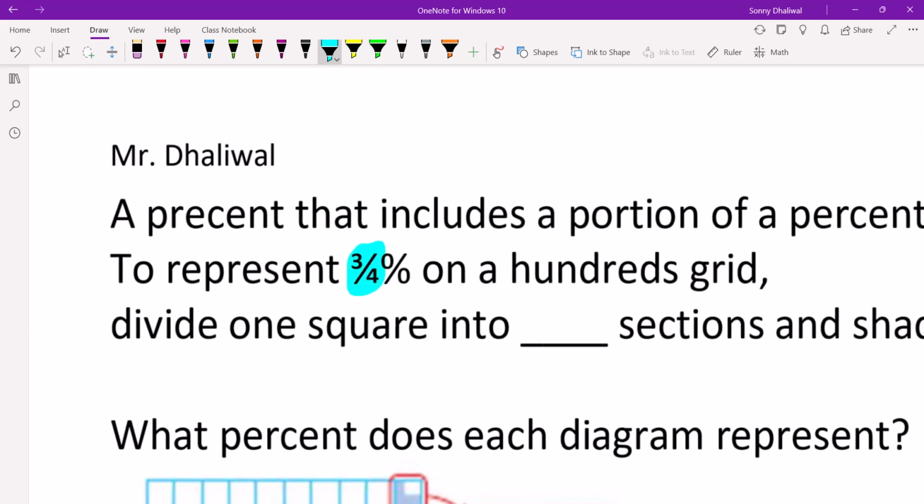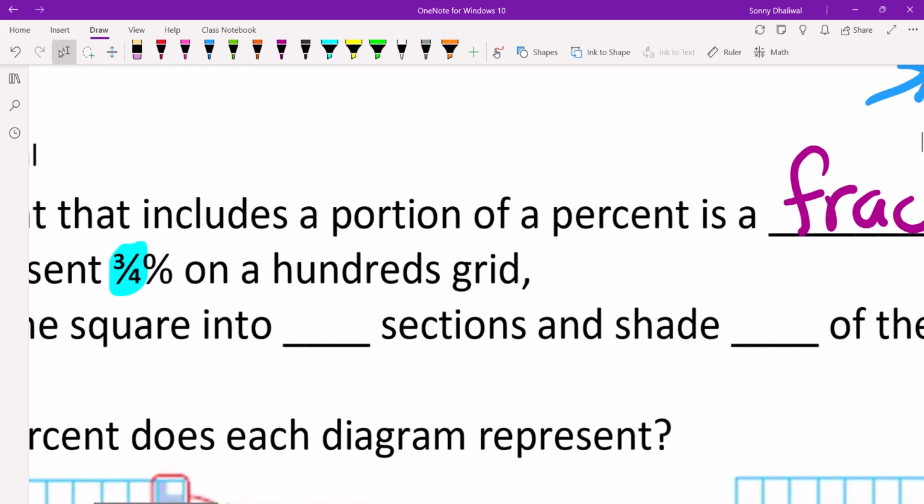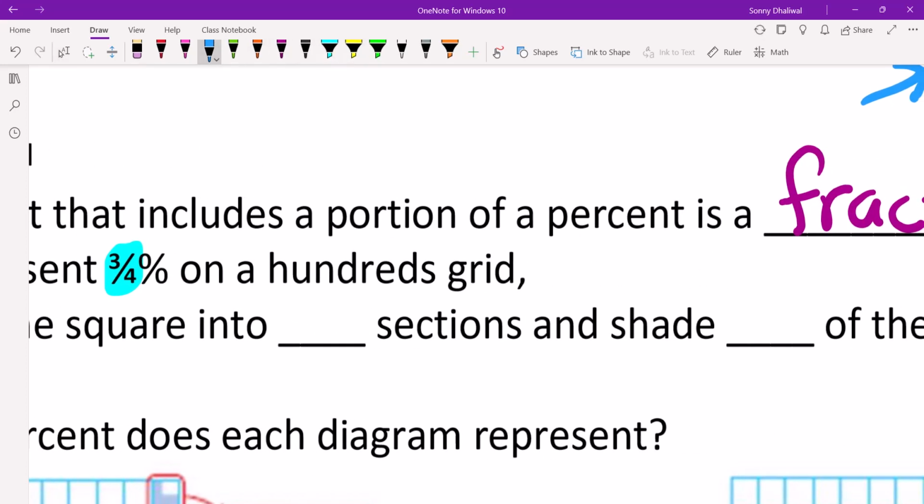For example, if I wanted to draw this fractional percent, 3/4 of a percent, we need to draw a zoomed in square. So let's just draw that here. Imagine a nice zoomed in square. Now we have to break this up into pieces. How many pieces do we break this up into? 4, right? The bottom number tells you how many pieces to break it up into.